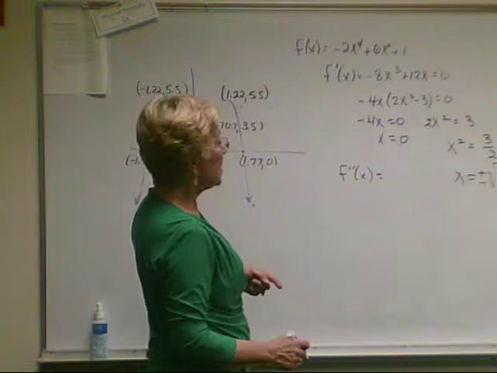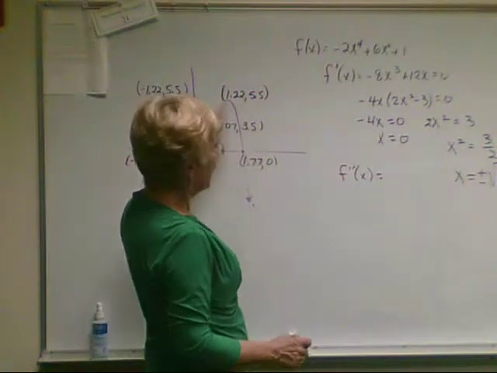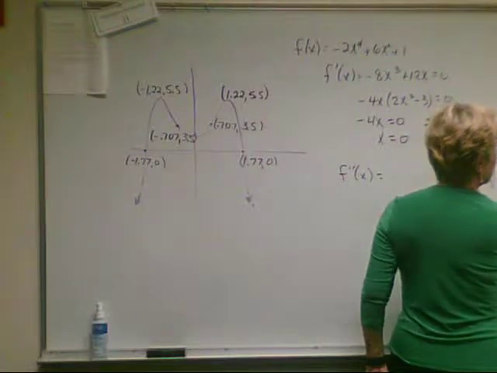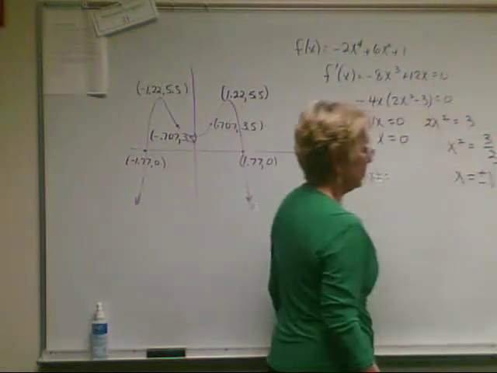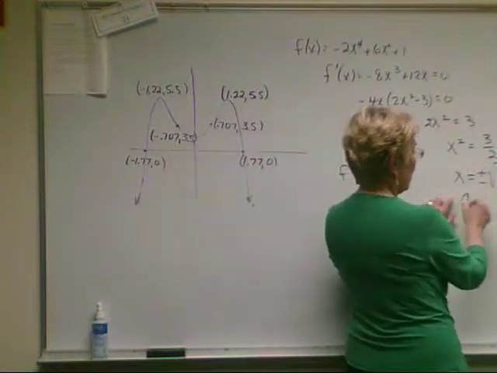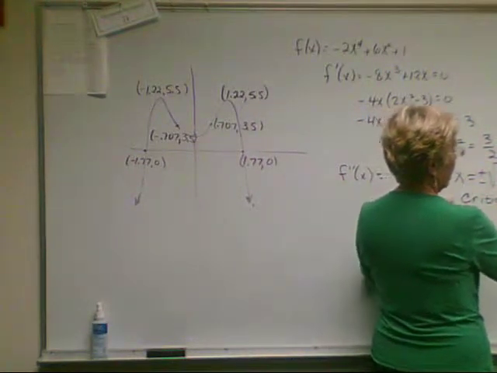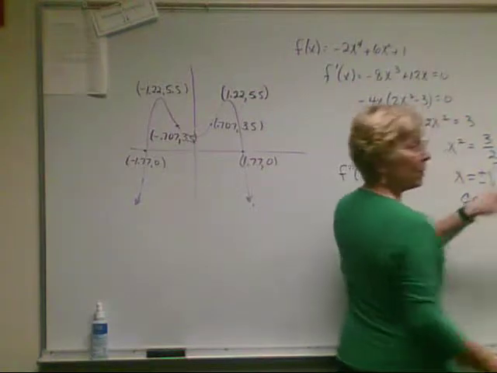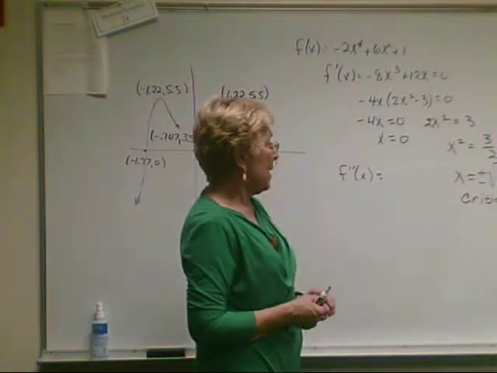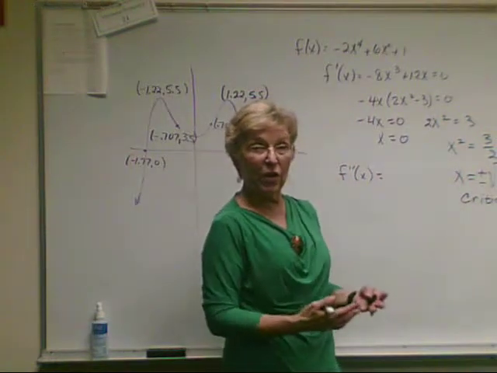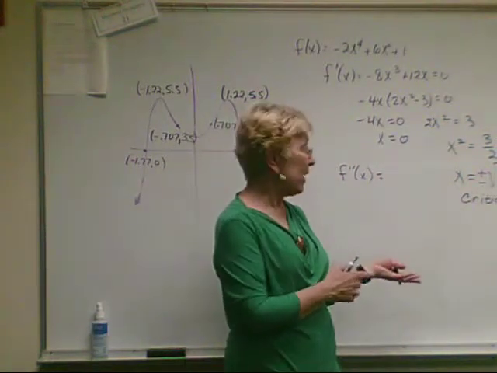And in a decimal, that turned out to be 1.22 plus or minus. So this is a critical value, or actually two of them, a plus and a negative. And this is a place, or places, where extrema could occur. No guarantee, but it's worth checking out.